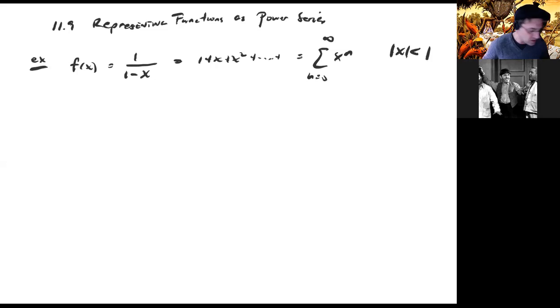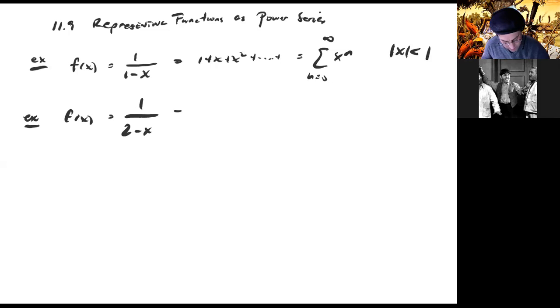Now the question is, what can we do with other kinds of functions? Suppose, for example, I give you something that looks slightly different. Let's take f of x equals 1 over 2 minus x. Well, you can play the following game.